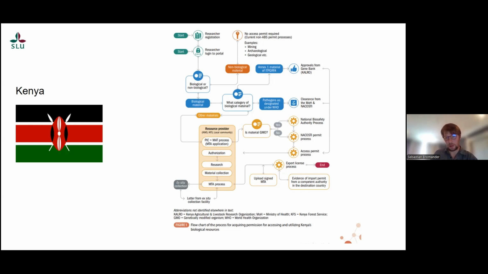Normally you put those terms in an MTA because the material has to be transferred to, in our case, Sweden. So almost always there has to be some kind of agreement to transfer the material, and they normally call it an MTA, material transfer agreement.